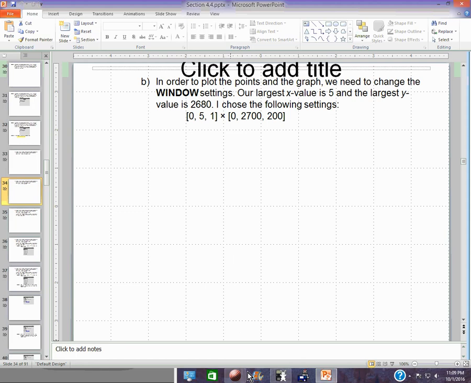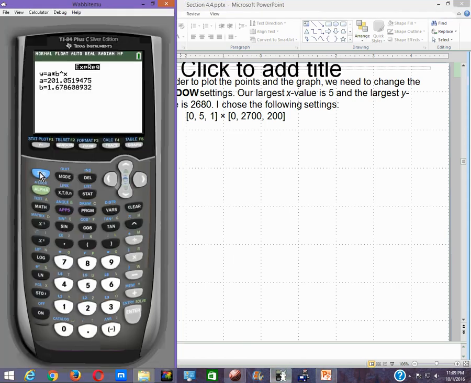So if I set up my window here, window, 0 for the minimum x, 5 for the maximum x, keep the scale at 1, the y min of 0, maximum of 2700, and my scale was 200. And then we can quit that.